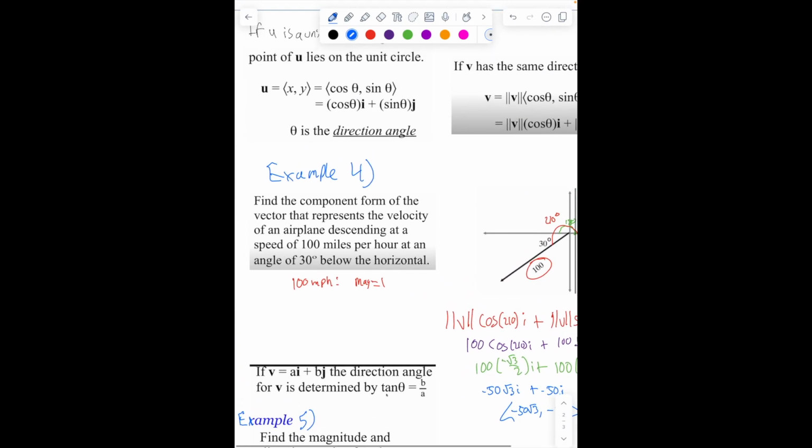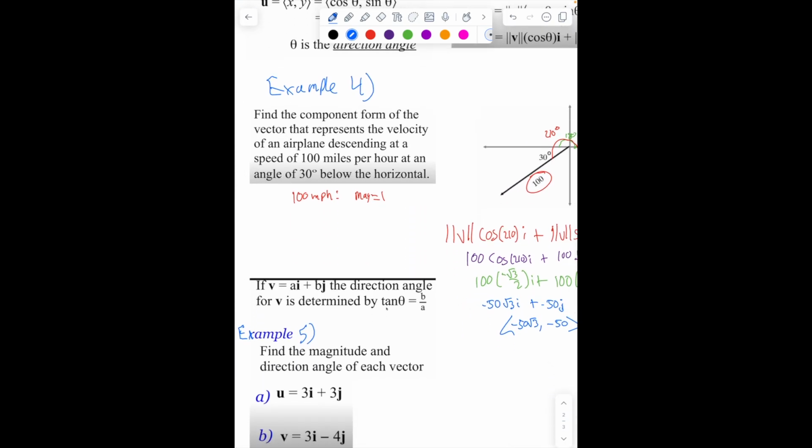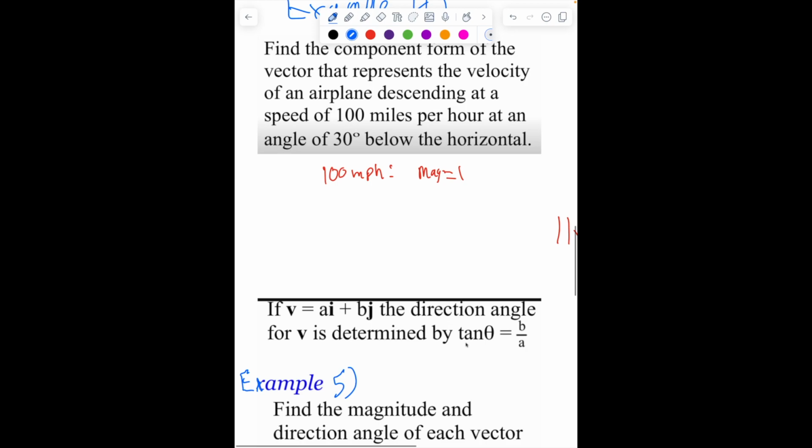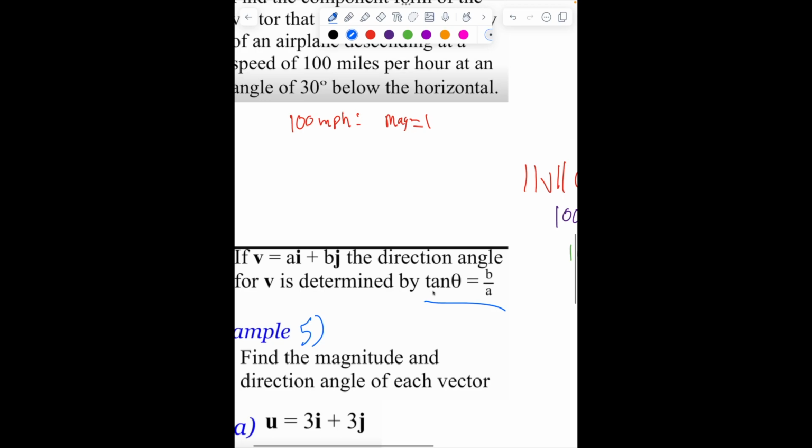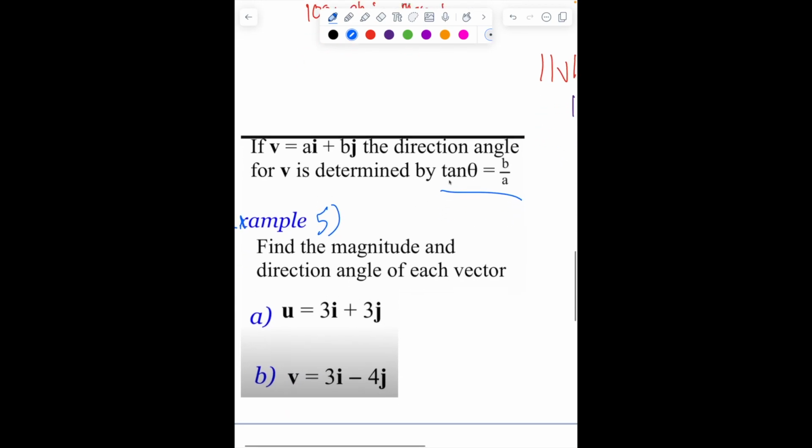Okay, let's keep going. If v equals a times i plus b times j, the direction angle for v is determined by tangent theta equals b over a. So what does that mean? That means if we're trying to find what direction we are going, we can use this idea to help us. First, I'm going to find the magnitude and direction of each.